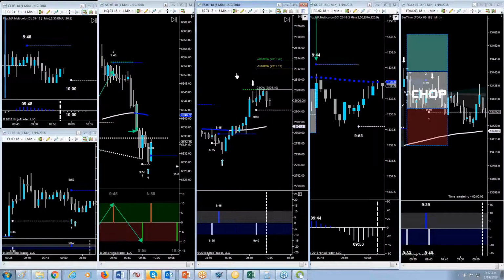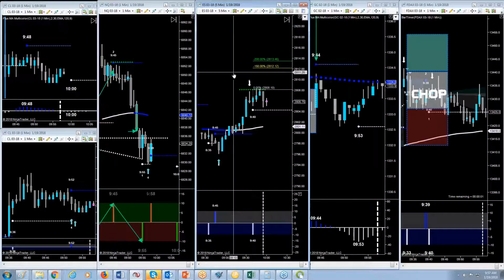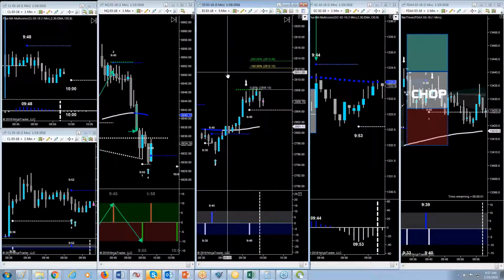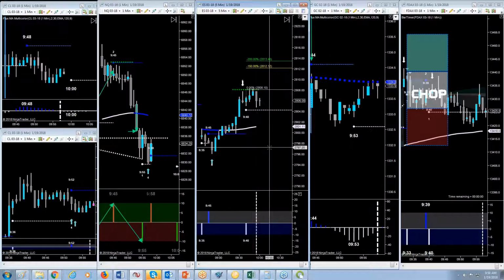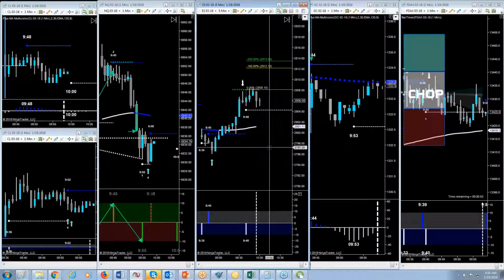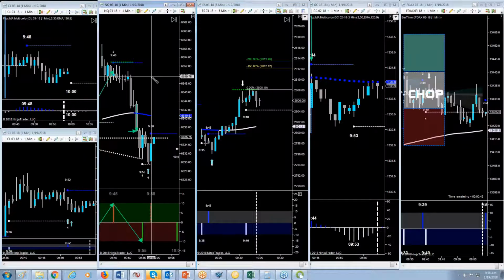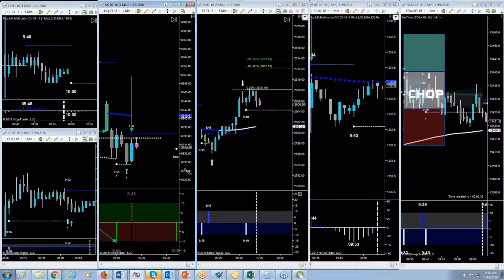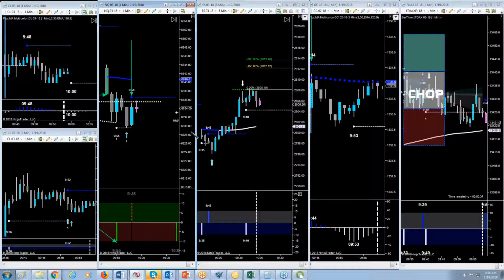Dana, the pattern 5 on the ES. No joy in Mudville. 9:58 selling pressure signal in the NQ. If you're a trend trader, that is a low risk short right here. Looking for an entry short on the NQ.